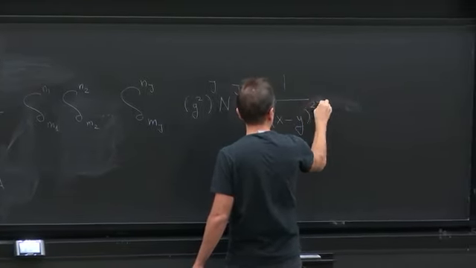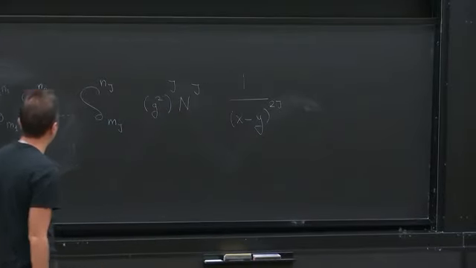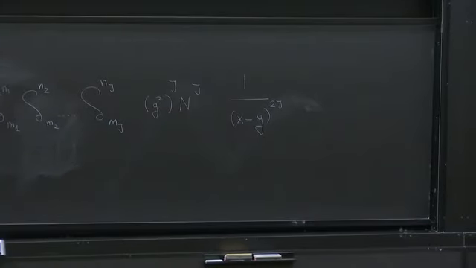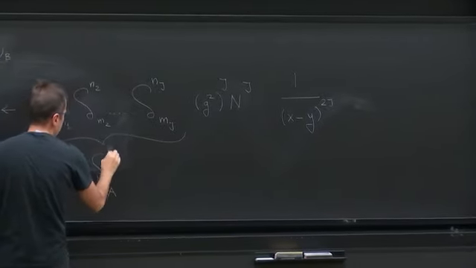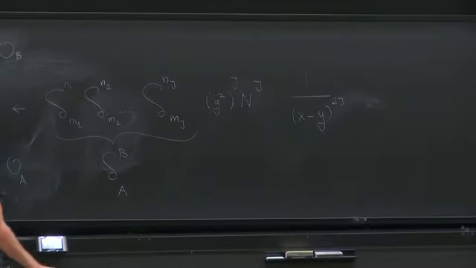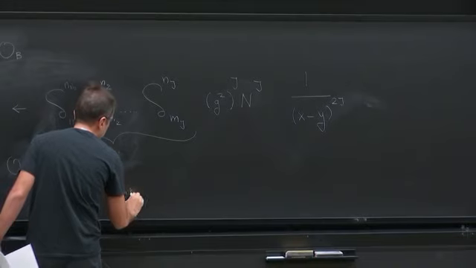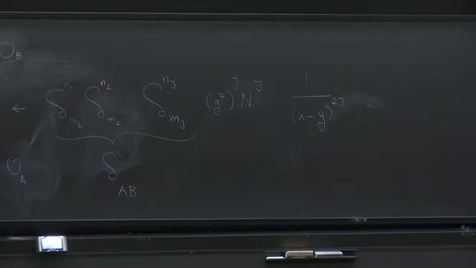So there are j propagators, to the power 2j. And so this thing here, I can write as saying that the word A needs to be equal to the word B. Maybe I can put them both downstairs. A and B need to be equal. And that would be what we would get.